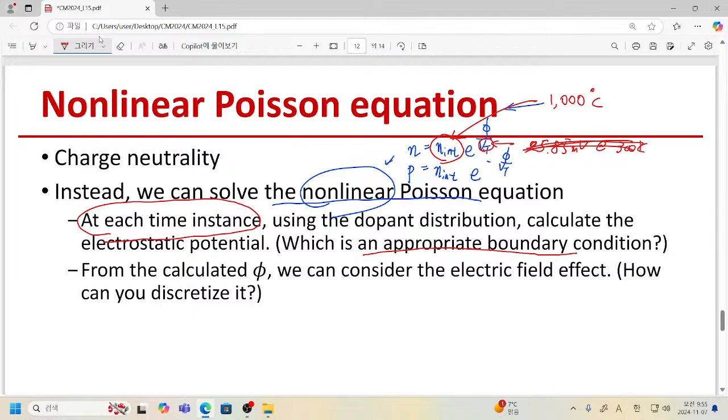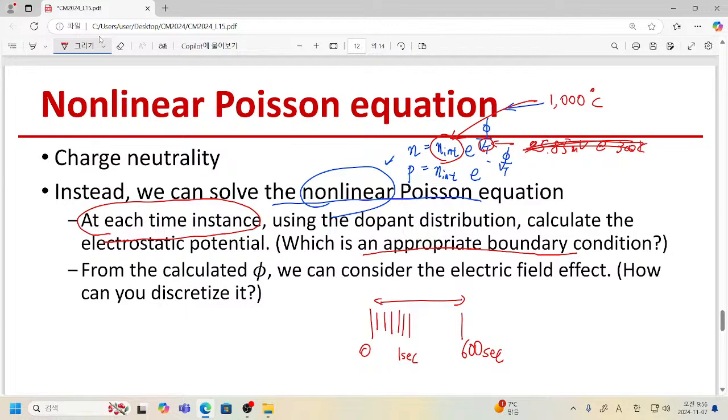It means that, for example, you are going from 0 to 600 seconds, and your time step is, let's say, 1 second. It means that you must solve your nonlinear Poisson equation about 600 times.